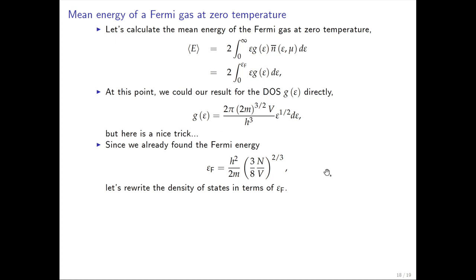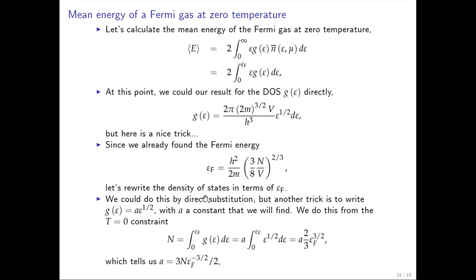So here's another trick. We could do this by direct substitution, but here's the trick that goes with this trick. Let's just write g of epsilon. We know it goes like epsilon to the power 1/2. So just write it as a times epsilon^(1/2), and a is a constant we'll find. We'll find this from T equals 0, right?